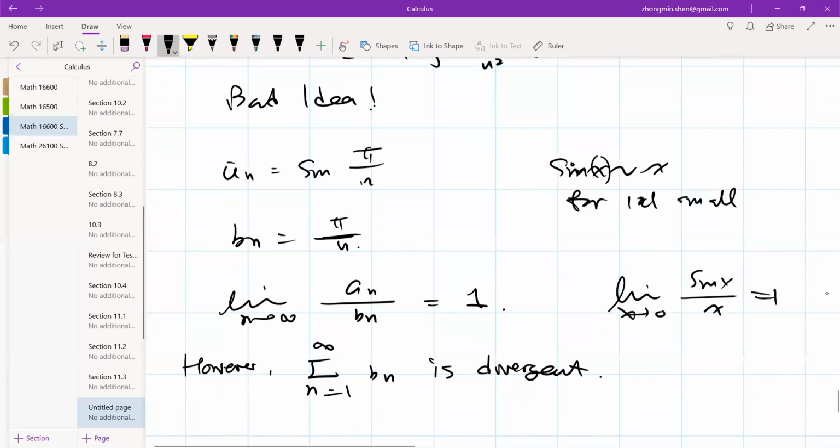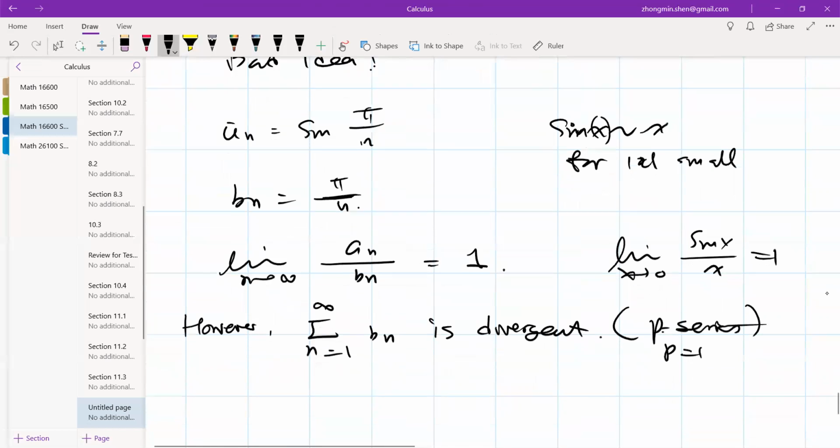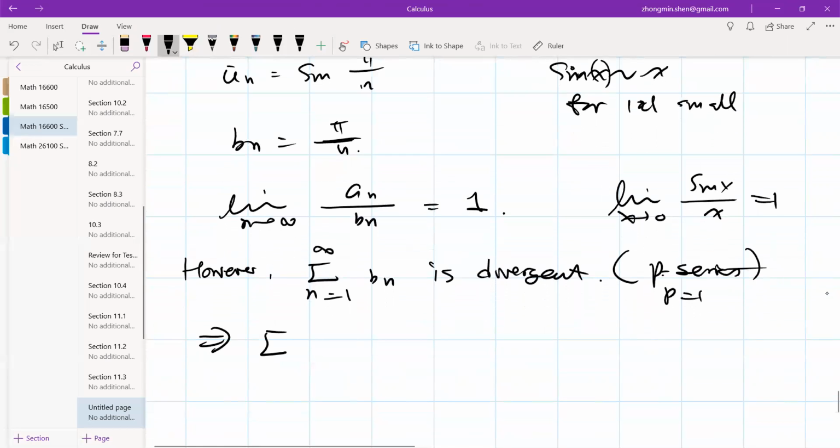It's the harmonic series, or the p-series with p equals 1. Okay. So it's divergent, which implies the original series is divergent. I think this is the easiest way, the limit comparison test.